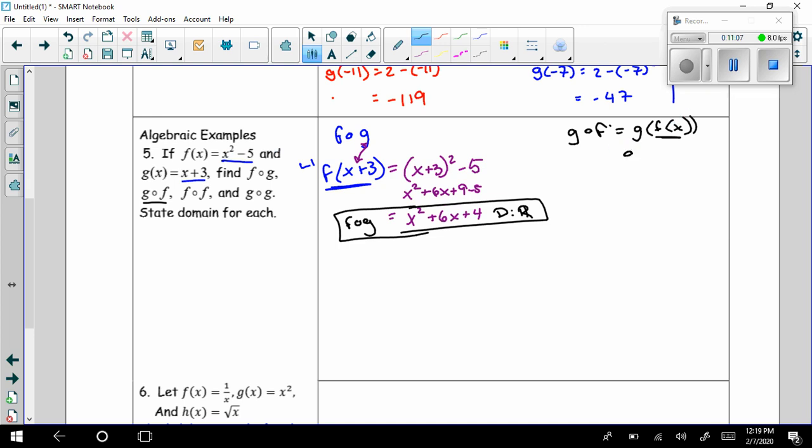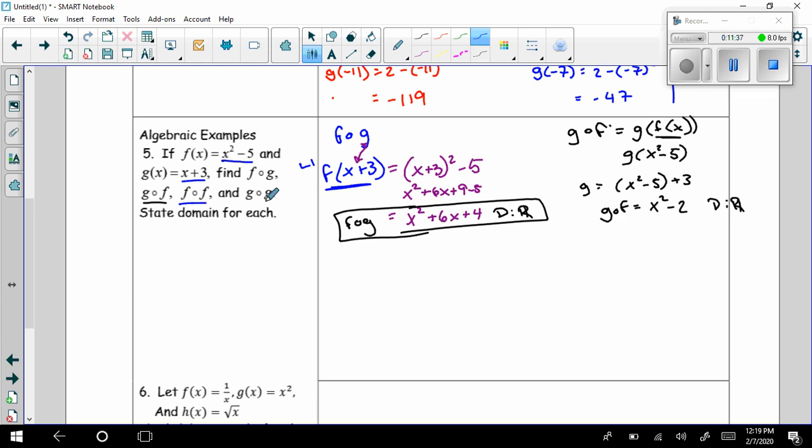So really we're taking g of x squared minus 5. And so in your g function where there is an x, we replace it with x squared minus 5. The plus 3 stays the same. These parentheses with addition don't matter. So g of f is equal to x squared minus 2, where your domain is still all real numbers. And that's as far as you can go, right?